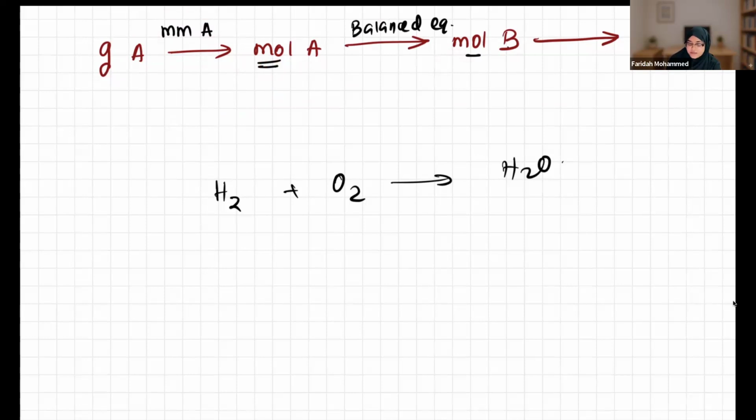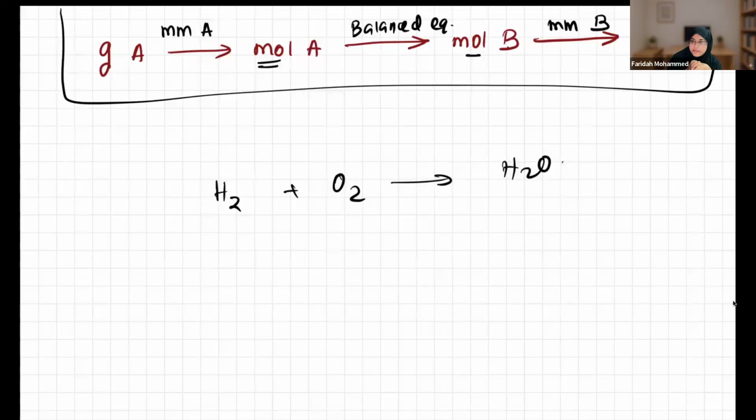Craig? What do you need to convert that? The molar mass of B. Yeah. Okay, write it down. This is very important.